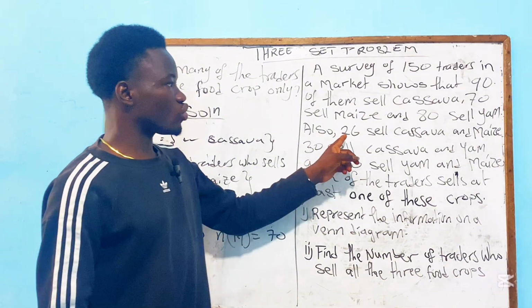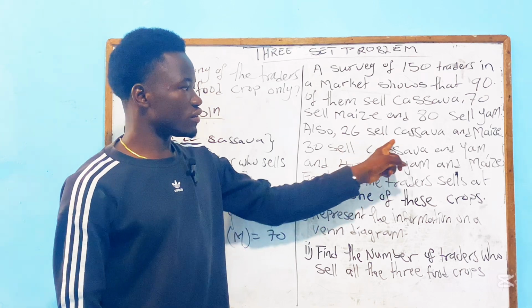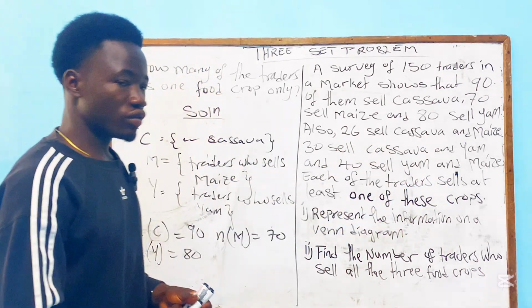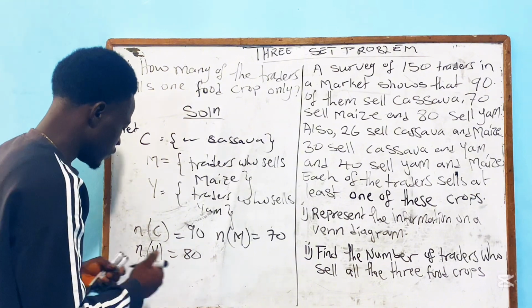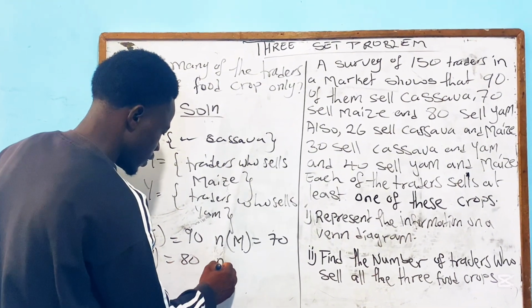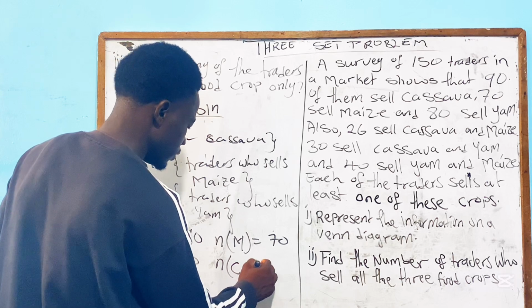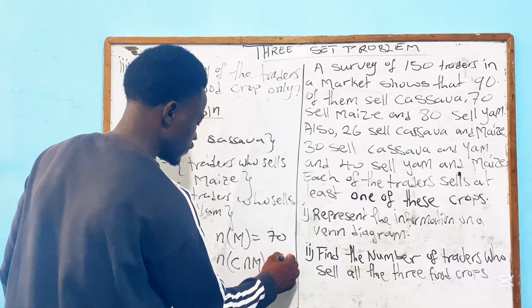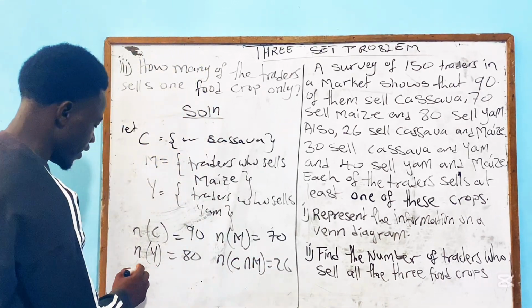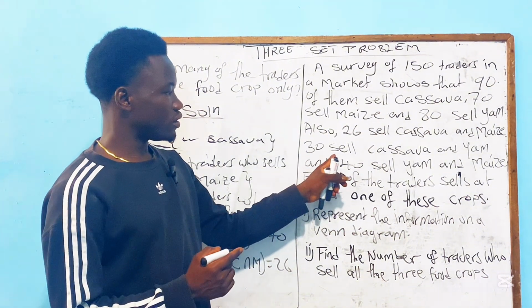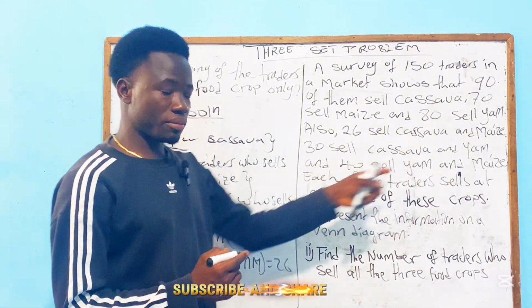Now, they said that 26 sell cassava and maize. Cassava and maize means that's an intersection. So we have the number of those who sell cassava and maize to be equal to 26. Then we have 30 who sell cassava and yam.